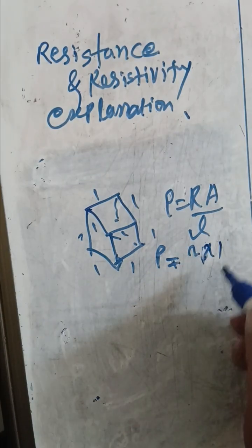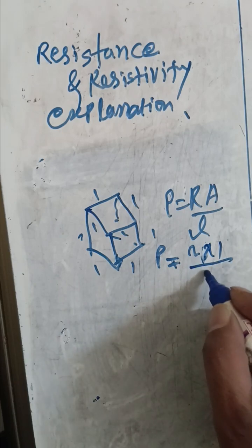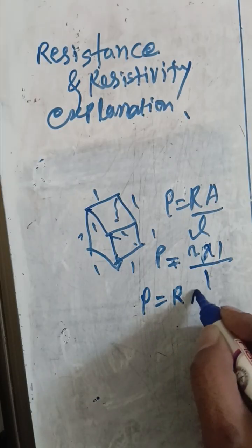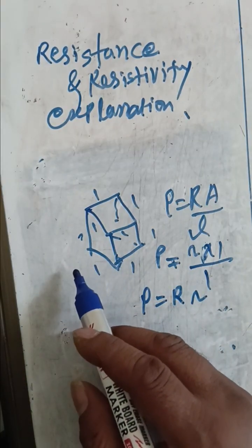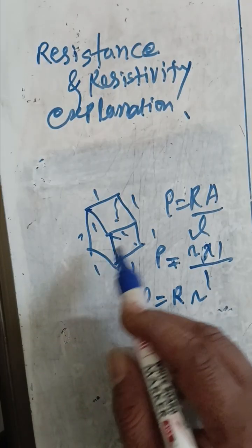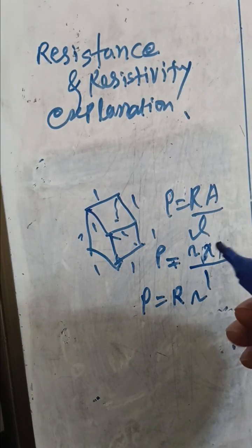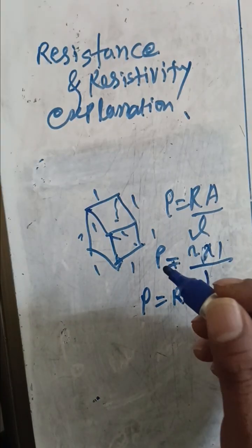A is equal to 1 and L is also equal to 1, so rho is equal to R. So we say that in a unit cube, the resistance between opposite faces is called the specific resistance, or resistivity, of that material.